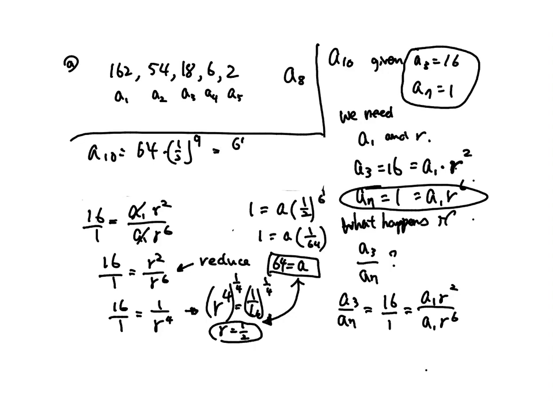So 64 over 512. And 64 divided by 512 is 1/8. And we're done.